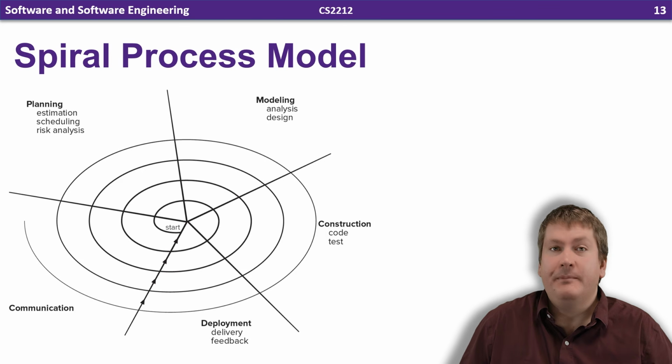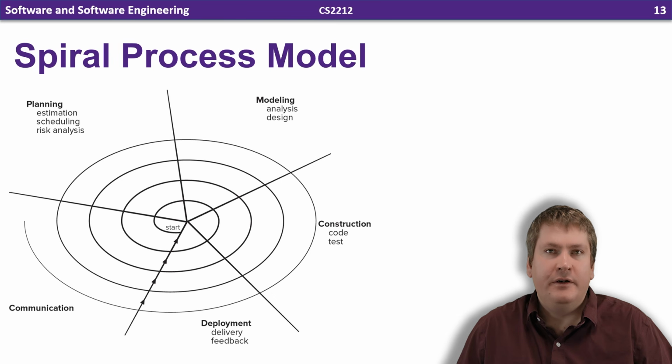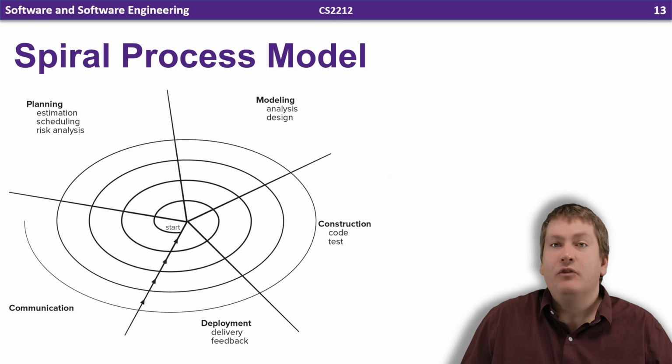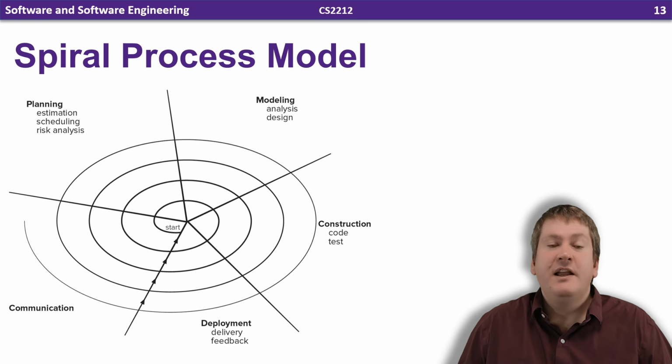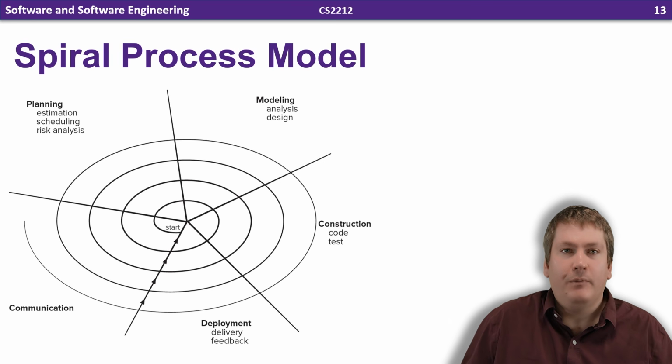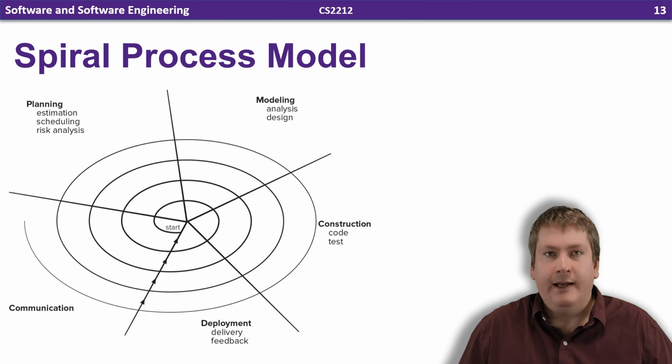The next process we're going to be taking a look at is the spiral model. And this is a type of evolutionary process model. These evolutionary models are designed to solve the problem of producing software rapidly. In real life, we often face business pressures or competitive pressures to get software out before a rival, or to be the first to enter a new market, or maybe to meet some deadline.